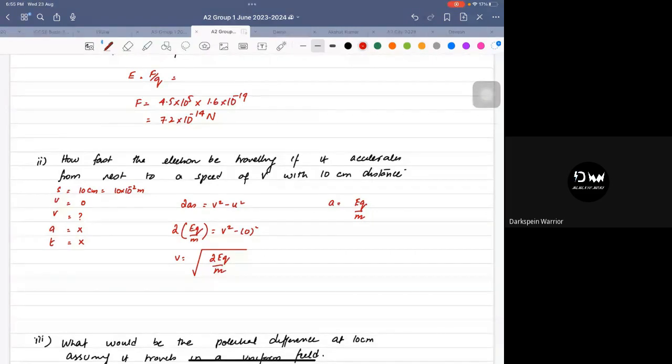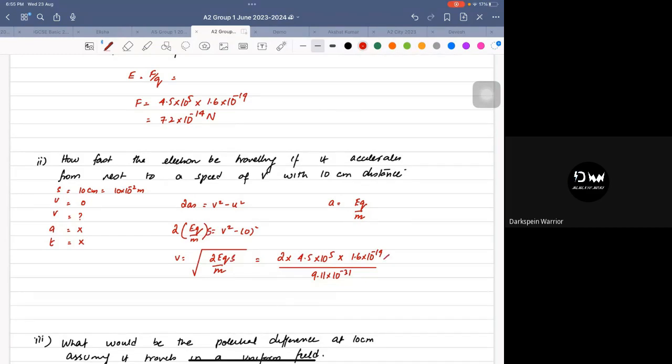So now let's put in the values. So 2 times 4.5 times 10 raised to power 5 times charge on electron, 1.6 times 10 raised to minus 19, divided by the mass. So the mass of electron is 9.11 times 10 raised to minus 31, that I told you earlier. Oh, did I multiply s? Sorry, s is missing in this, right?